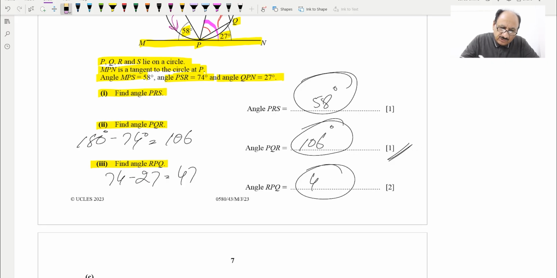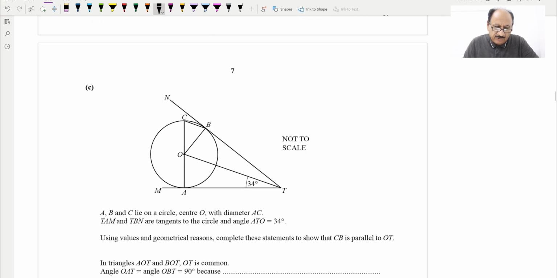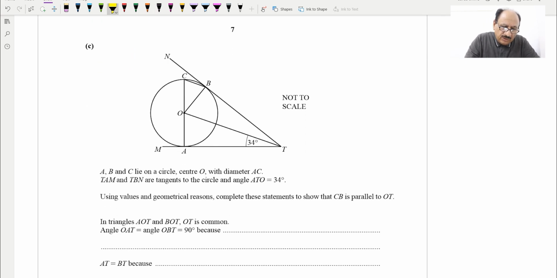The alternate segment theorem is very important, and most of the students have issues with it. So you need to practice the alternate segment theorem properly and understand that concept, so that you can answer the question properly. Now C part, the diagram is again not to scale. ABC lie on a circle, center O, and the diameter is AC.